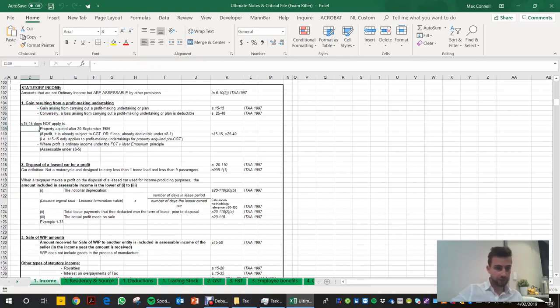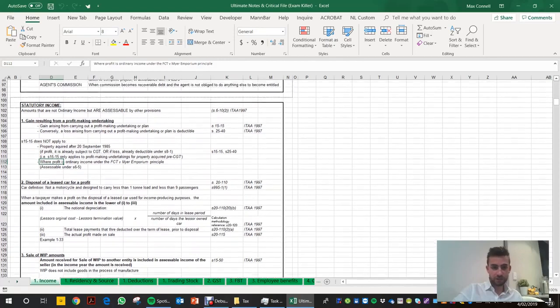Now, of course, there are some exemptions to this. So if the property was acquired after 1985, that's CGT, because it's probably already subject to CGT. Or where profit is ordinary income under FCT v Myer Emporium. We already talked about that above.